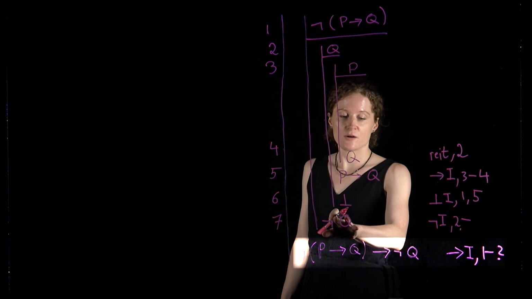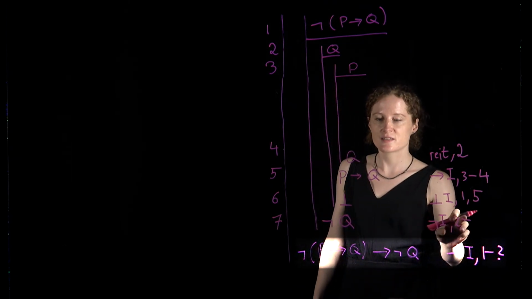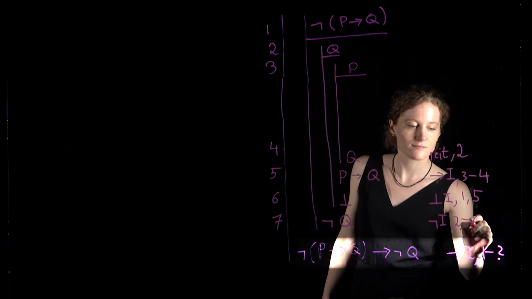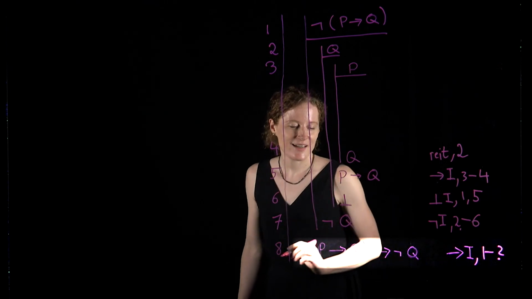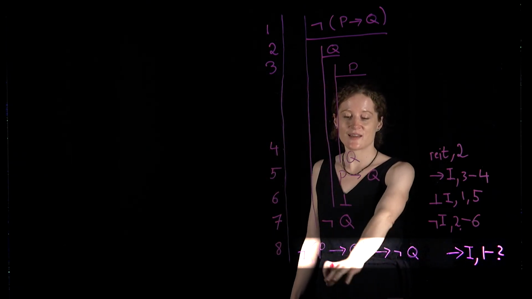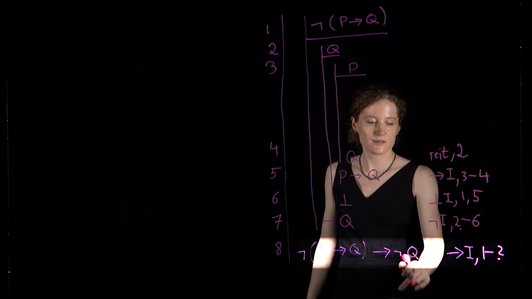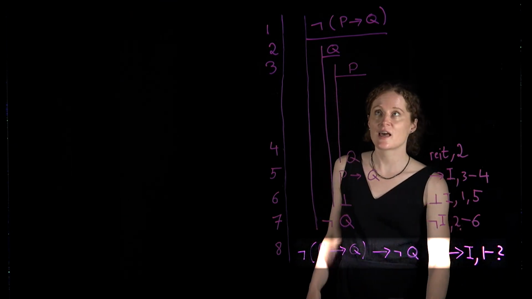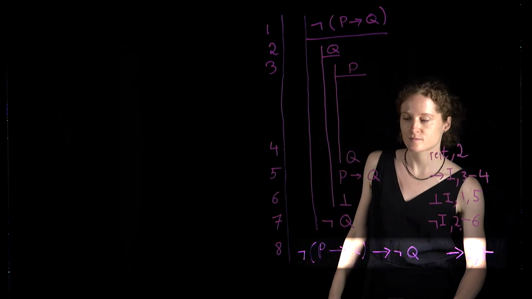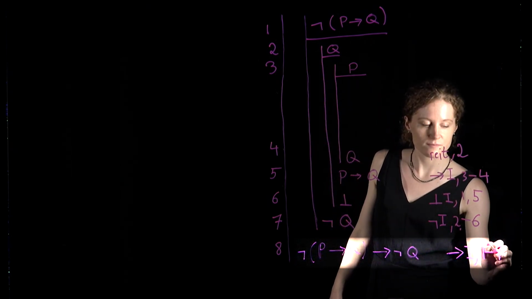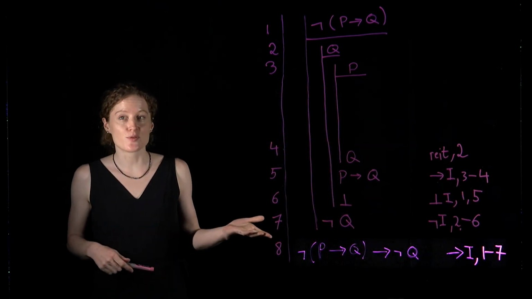And I can infer not Q, citing negation introduction and lines 2 to 6. And finally, I can infer the conditional that if it's not the case that if P then Q, then not Q, citing conditional introduction and the subproof from line 1 to 7. Okay, this completes our proof.